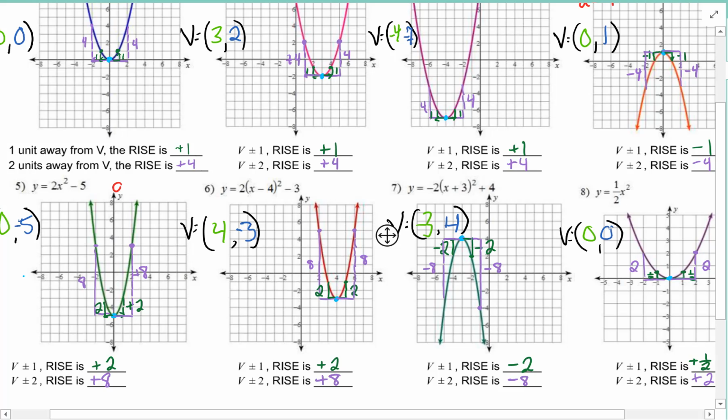Number 5. A is the number being multiplied by the x squared. Number 6. Again, this number in front, A is 2. The number in front, A is -2. The number being multiplied by that x squared is A, and that is 1/2.